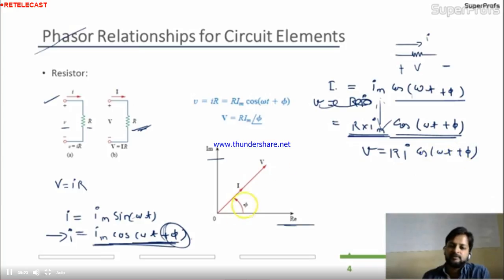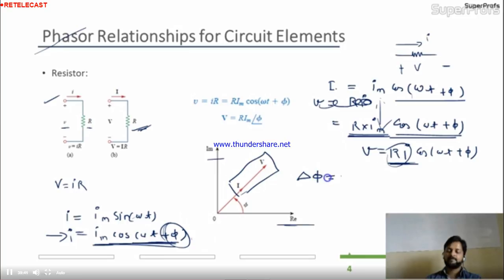Voltage also has the same angle, but the magnitude is different, more than the current because we are multiplying with R. So both are in the same direction, or they are in phase, I can say. Same path. The phase difference is 0. If the current is flowing in the resistance, then there is a 0 phase difference between voltage and current. I hope it is clear to you.